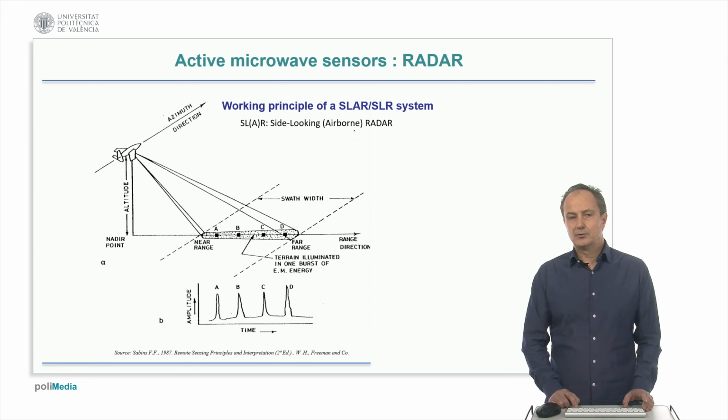Thus, echoes from the objects situated closer to the ground track are received earlier. In this manner, target signals are converted into time amplitude signals. After the last echo is received, which is determined by the swath width, a new pulse is emitted.